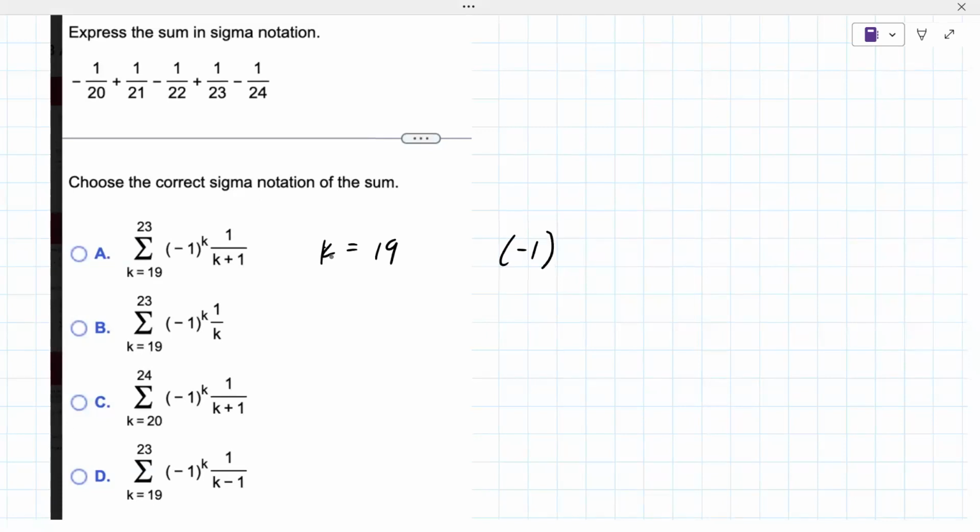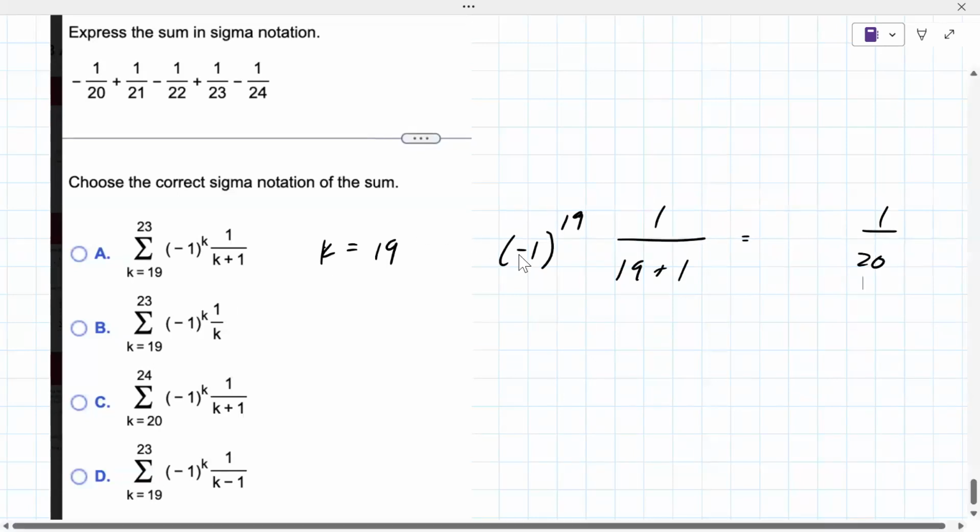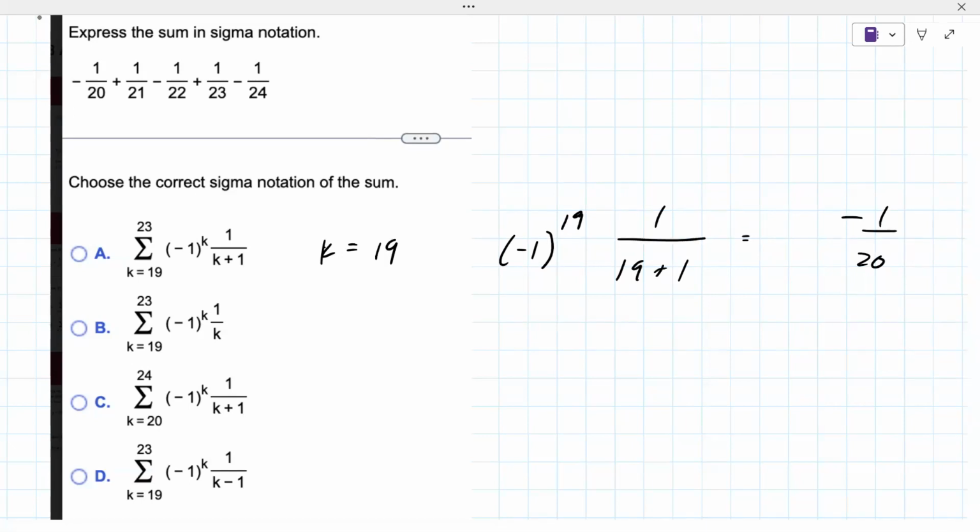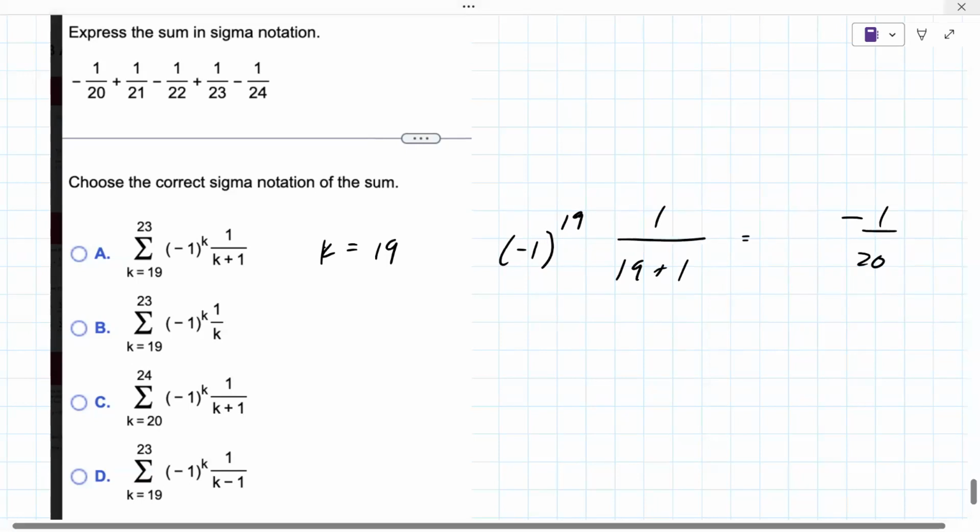So this is -1 to the 19, 1 over 19 plus 1. So it is 1 over 20, but is -1 to the 19 a negative? Yes, it is. So it could be A. Your choice now is to keep going.